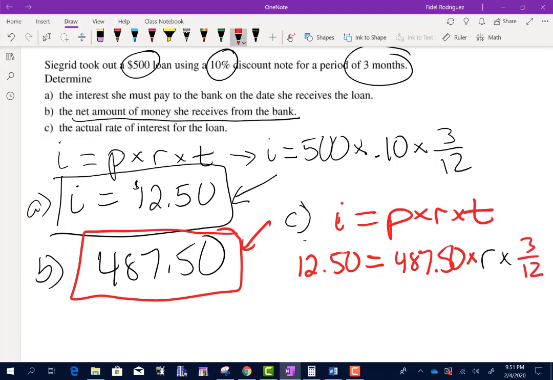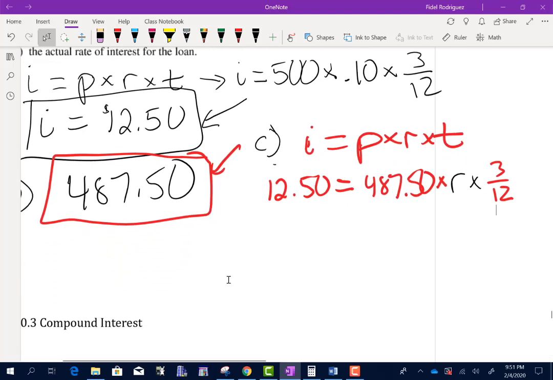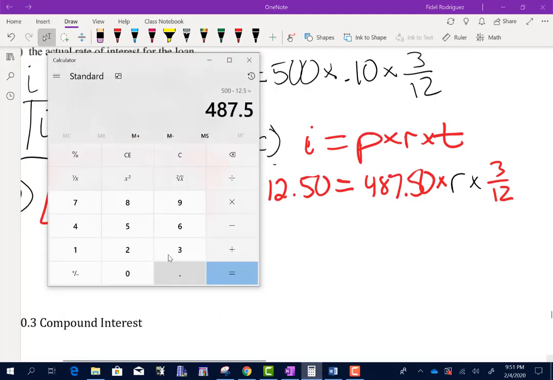So again, I'm going to do something similar to what we did earlier. Let me move this over a little bit and down. I'm going to take my calculator and take that $487.50, multiply it by 3, and divide it by 12.